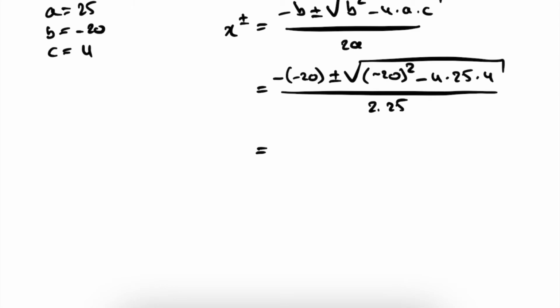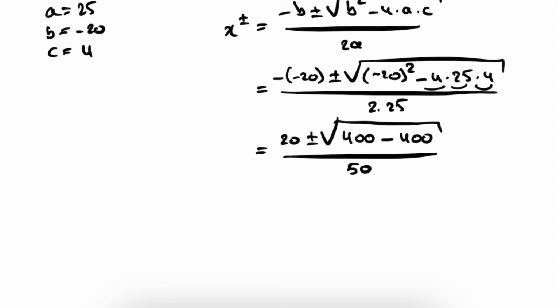Minus minus 20 becomes 20. Plus minus the square root of minus 20 squared, which is 400, minus 4 times 25 is 100, times 4 will be 400. So we get 400 minus 400, divided by 50.